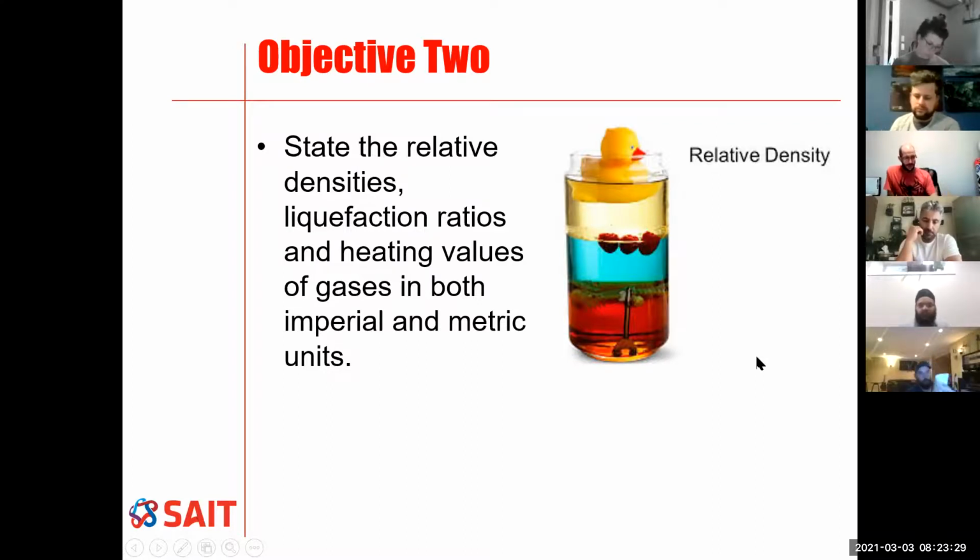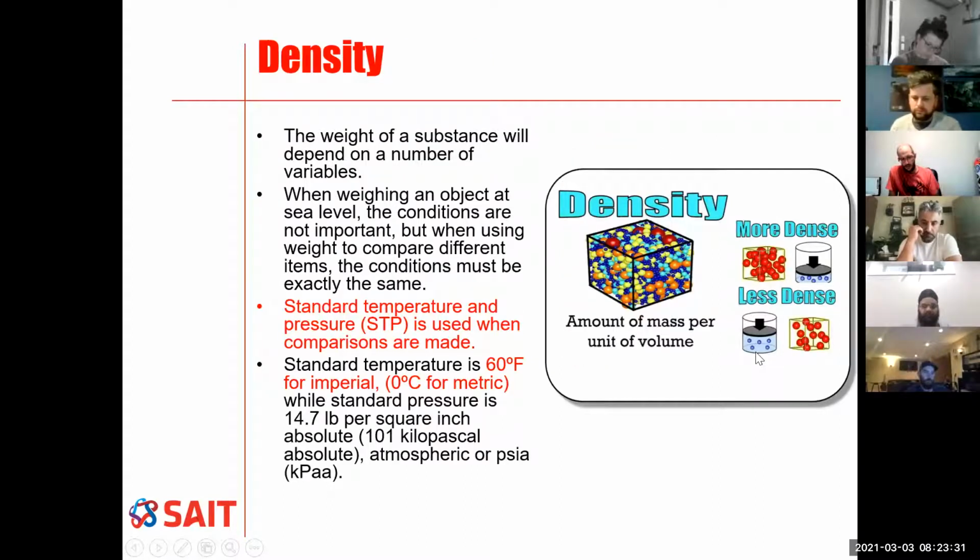Here we go. The weight of anything is dependent upon a certain number of variables. So standard temperature and pressure is used when we make any comparisons, right? And we know what standard temperature is. And this slide is wrong.